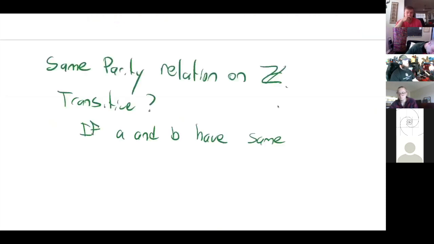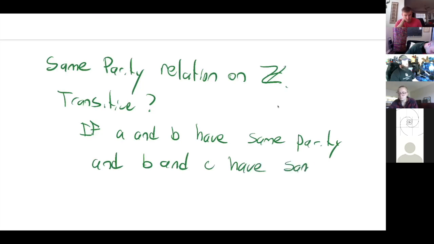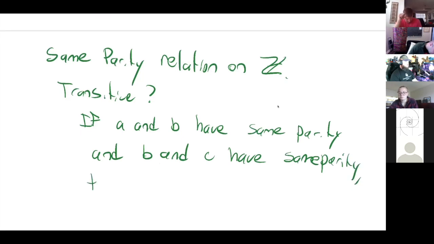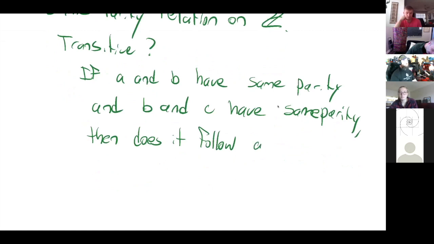In other words, if A and B have the same parity and B and C have the same parity, does it therefore follow that A and C have the same parity?